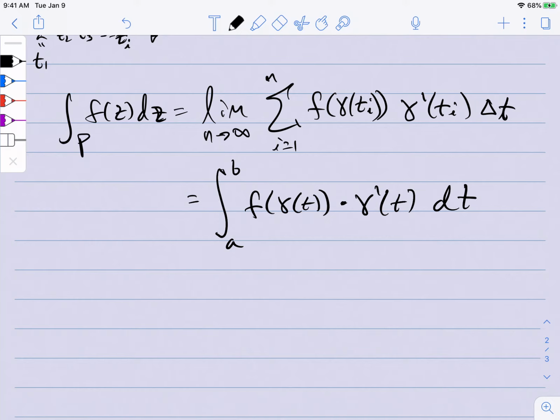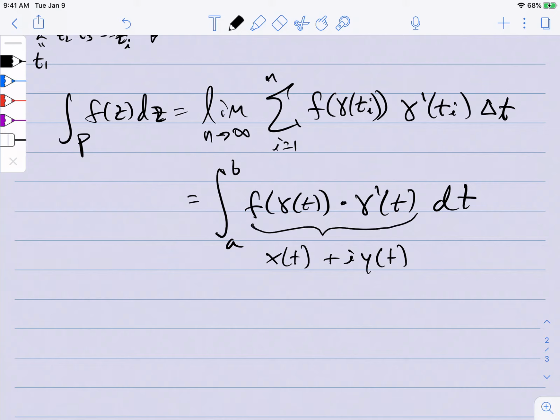Now you might still be a little concerned about this integrand. How do we integrate this with respect to t? Because these are complex numbers. But that's okay. We just use multivariate calculus. It's a function that lands in C, so it has its real and imaginary part, x and y.